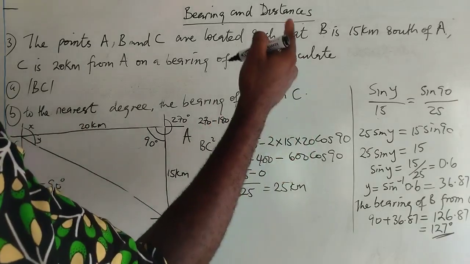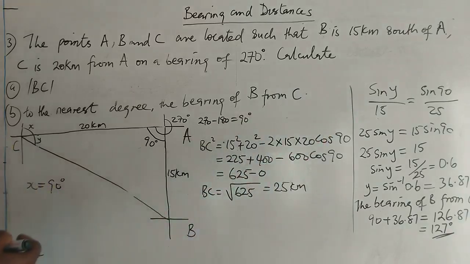That gave us 36.87. Finally, we added the 2 to give us the bearing we are looking for. So far, we have seen that the 3 things we need to do anytime you are asked questions on bearing and distances is you make the sketch, then calculate the distance, and then the bearing that follows.